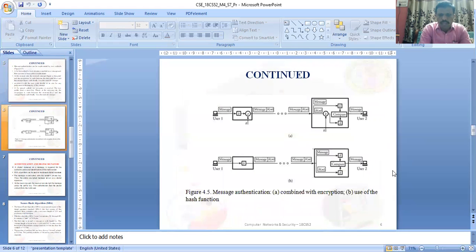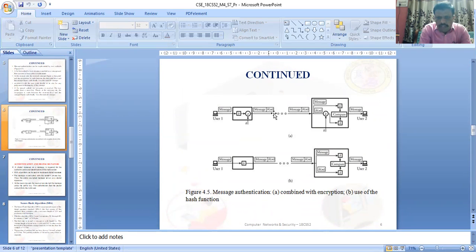Here, whatever I explained so far is shown in the figure, combined with the encryption key. User 1 is sending the message, and the hash function is applied with the key and message, giving the message and the hash of M. At the receiver side, it is received and the hash function and message are separated. Once the message has been separated, it is compared: the hash is decrypted with the key at the receiver side, and then compared with the hash of the message.